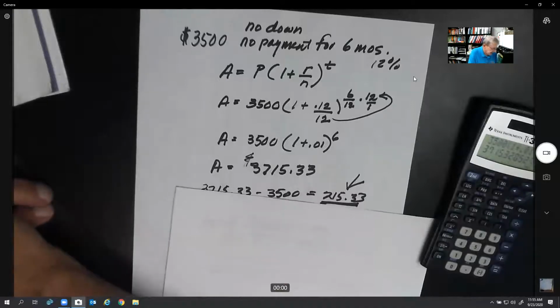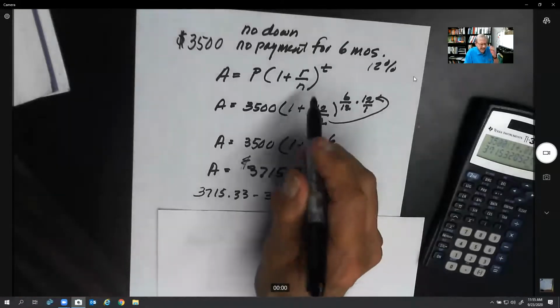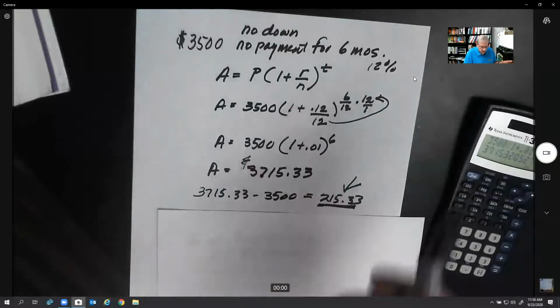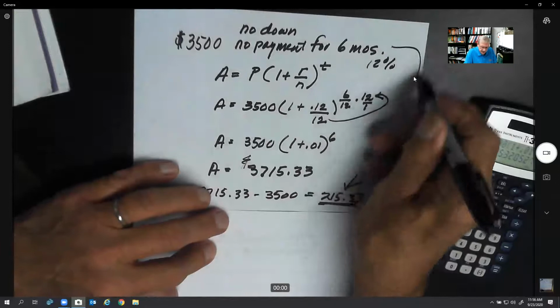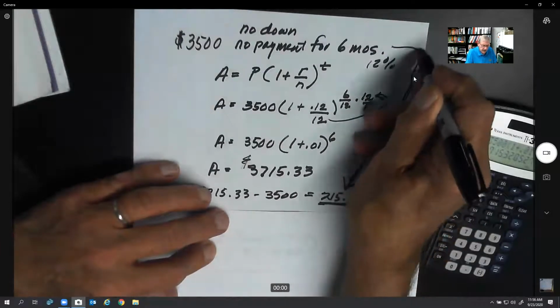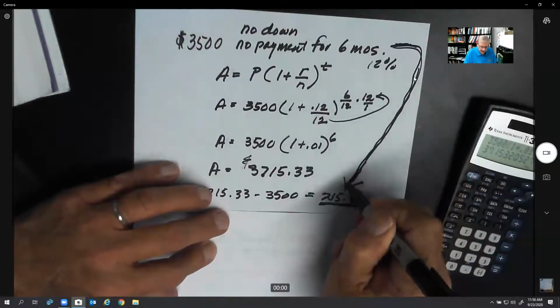It's kind of tricky because it sounds like you don't have to pay anything for 6 months, but you do. You still have to pay this interest. They're not deferring the interest. They're just deferring the payment. So you have to be kind of careful about that.